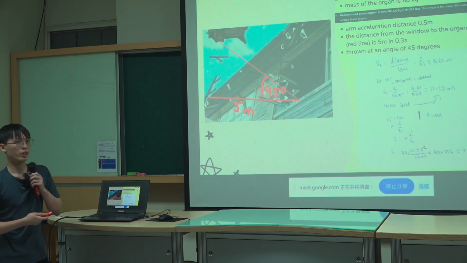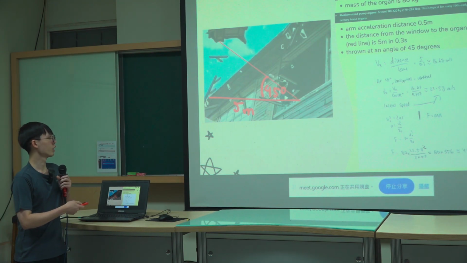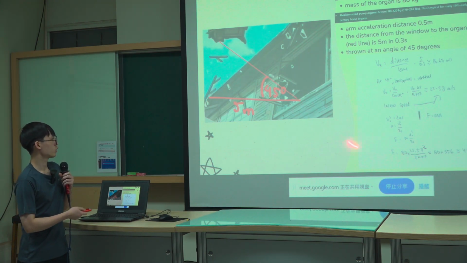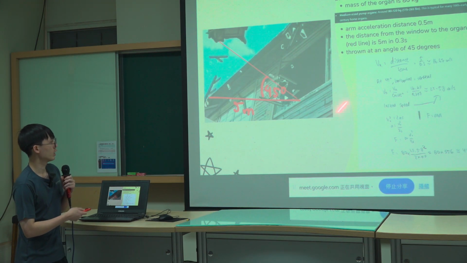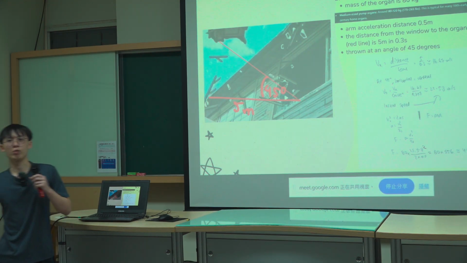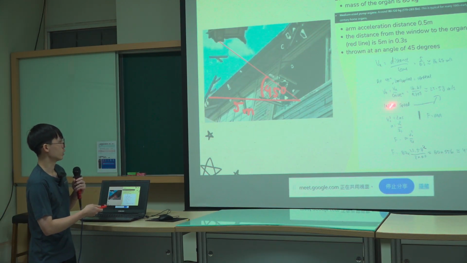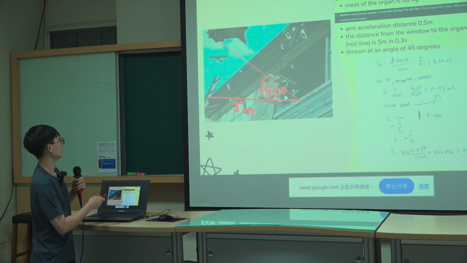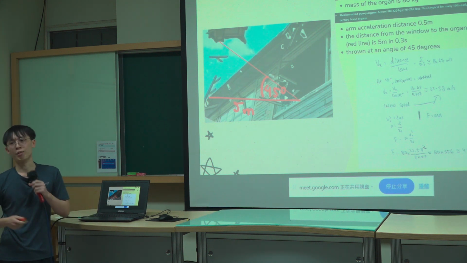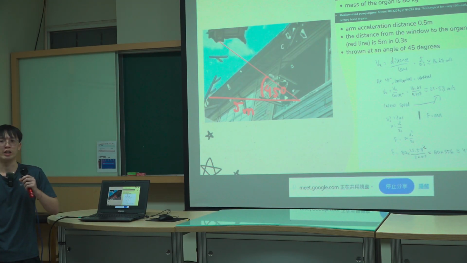Now to find the force, we can use the kinematics formula along with Newton's law. So with the kinematics formula, we can derive the acceleration of the object when it's leaving our hand. The formula is: v is the velocity of the object, and s is the distance of the acceleration.